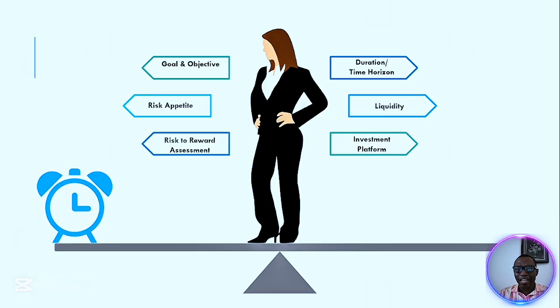Then the 5th one is liquidity. How easily can I turn this asset to cash? For instance, if you are investing in a company that is not so well known and that company is issuing a commercial paper, if you are buying such a commercial paper, you may not be able to liquidate it on time, because many people are afraid of buying such commercial paper, so you may not be able to liquidate it.